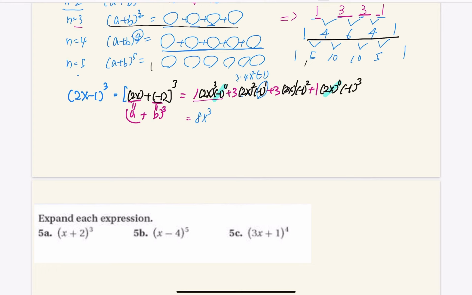So it's going to be 3 times 4 times negative 1 for the coefficient: negative 12x squared. And then (-1) squared is 1. This is just 2x, so 6x. Last one, (-1) to the 3rd power, which is negative 1, and (2x) to the 0 power is 1. So negative 1. This is the answer.